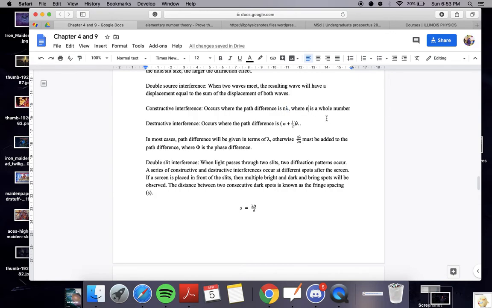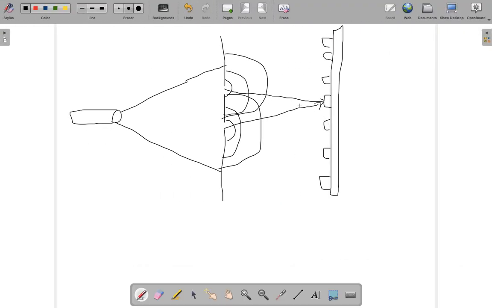What happens over here is, in constructive interference, the amplitude of the resultant wave over here is 2a if a is the amplitude, because of which you have a bright spot, a maximum intensity at this stage. Because if you remember, we said intensity was proportional to amplitude squared, which means if amplitude is maximum, then the intensity is maximum.